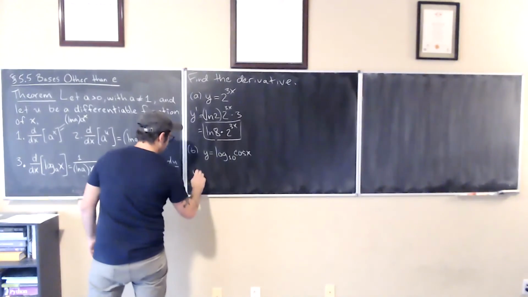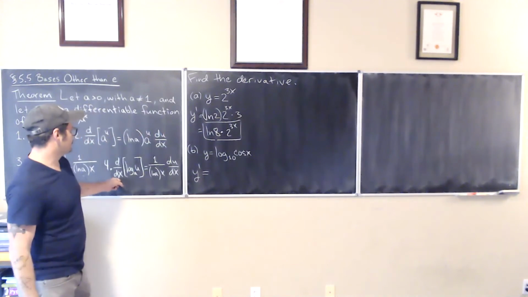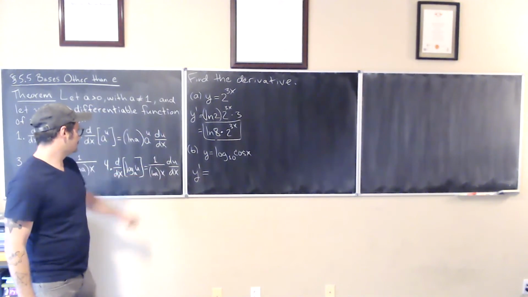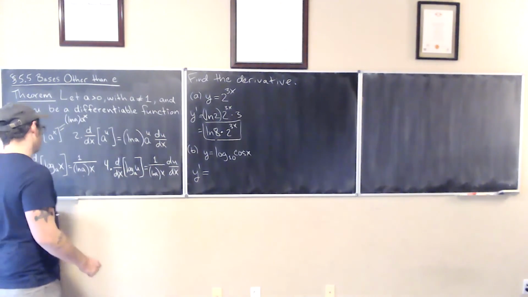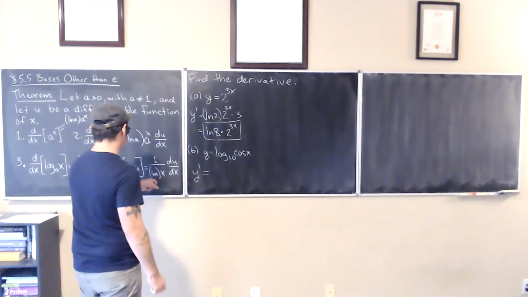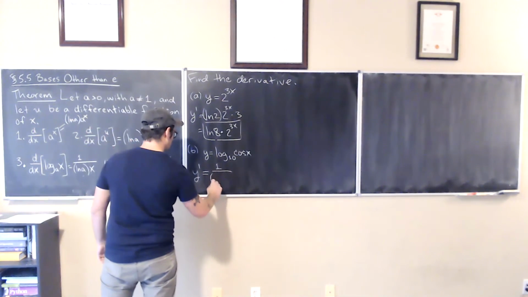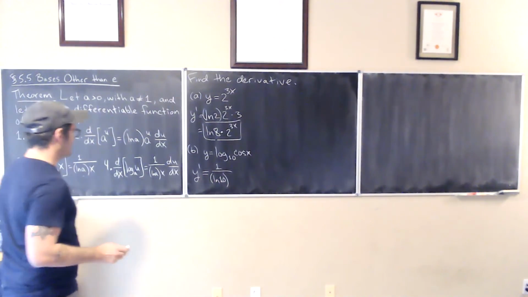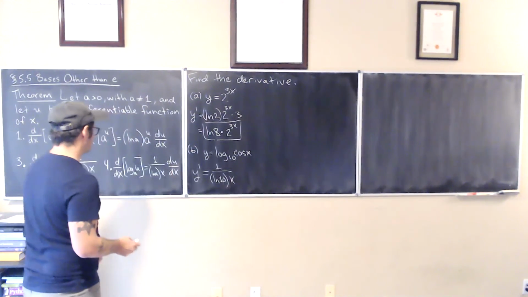So y prime is going to be equal to 1 over natural log of 10, times 1 over u, times du dx.